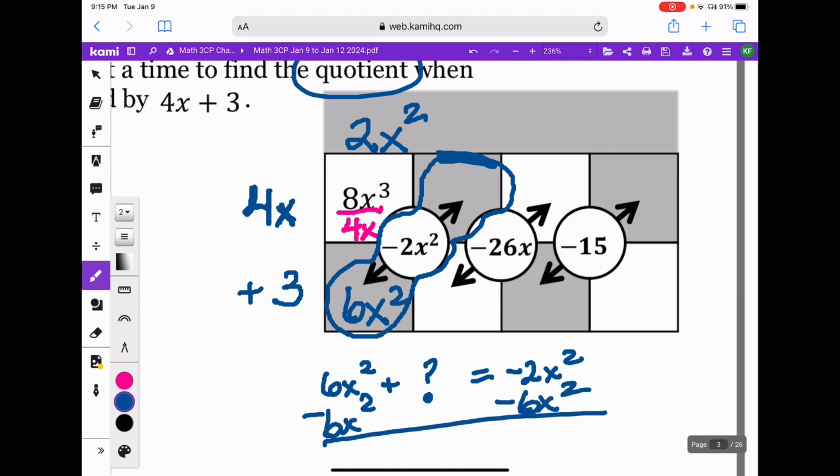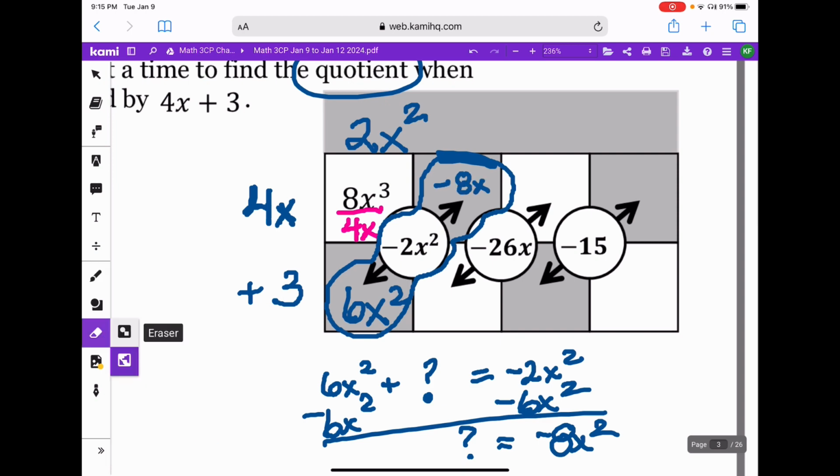And then I'll get the question mark, which is equal to negative 8x squared. So if you can do that in your head, again, you don't have to show any work, but for some of you, it will help. So this is negative, and take the sign with you, 8x. And then we're going to do it all over again.